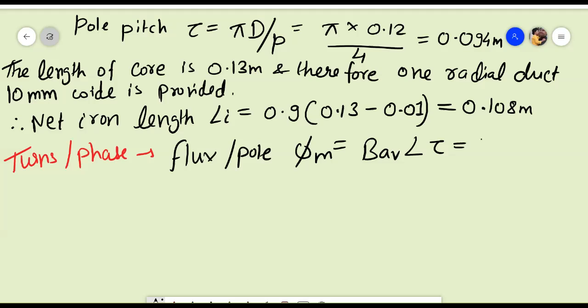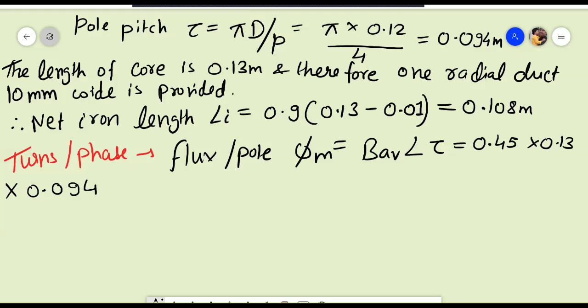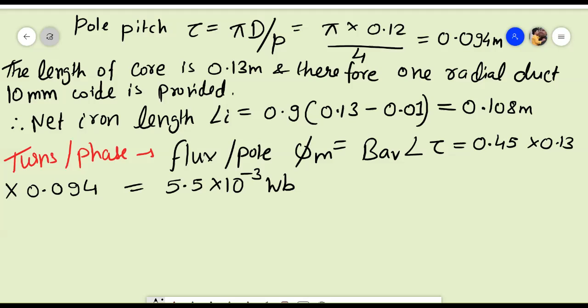And this value will be equal to 0.45 multiplied by 0.13, and this will be multiplied by 0.094. That will be equal to 5.5 multiplied by 10 to the power minus 3 Weber. Okay.